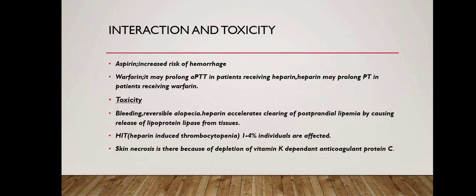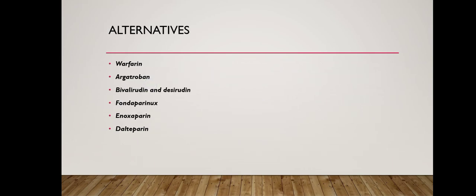HIT, heparin induced thrombocytopenia, affects 1 to 4% of the individuals being treated with heparin. Skin necrosis is also there because of the depletion of the vitamin K dependent anticoagulant protein C. Alternatives of heparin are other anticoagulants like warfarin, fondaparinux, enoxaparin, and these all.